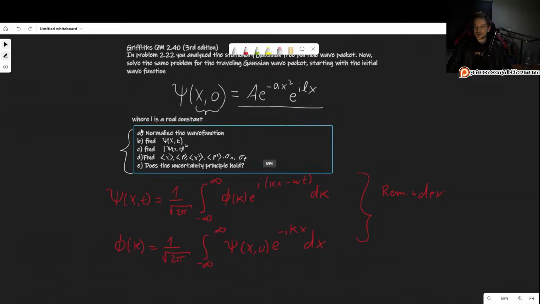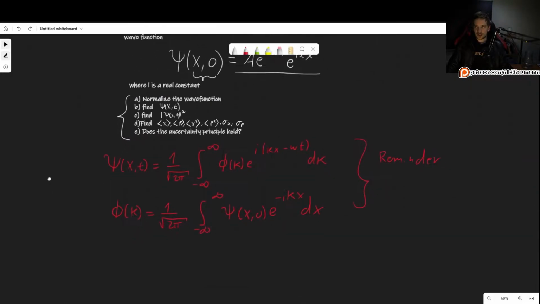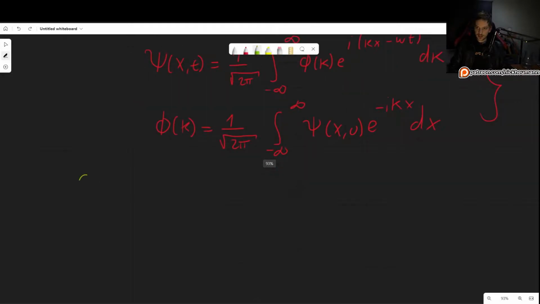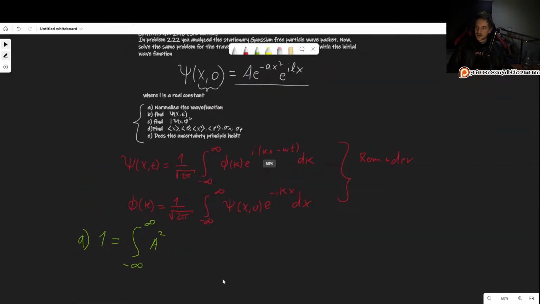Now let's begin with step 1, normalizing the wave function. Thus, part A. So 1 is going to be equal to the integral over all of space of A squared, and what is our wave function again? It is e to the minus 2ax squared, and then we've got e to the i Lx times e to the minus i Lx dx.